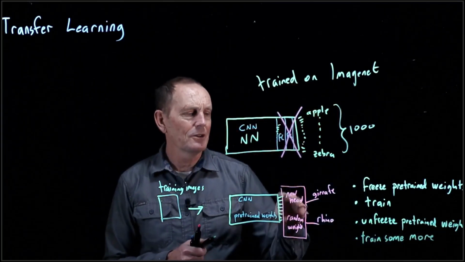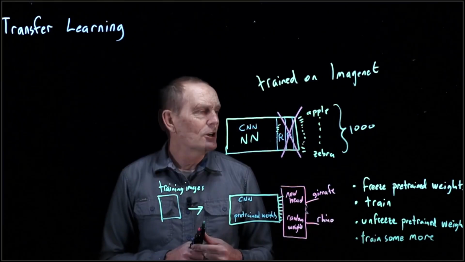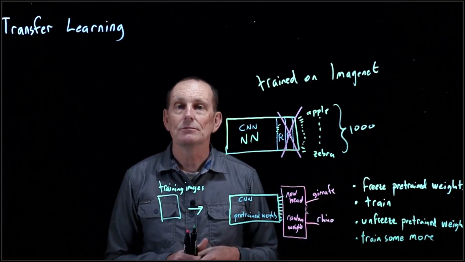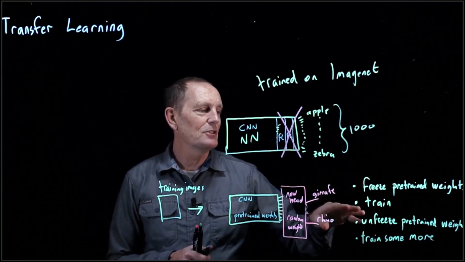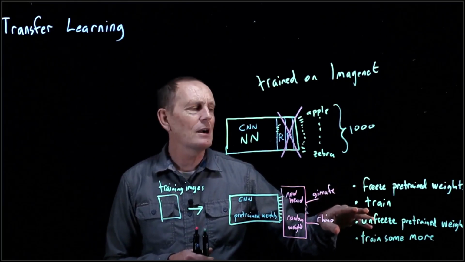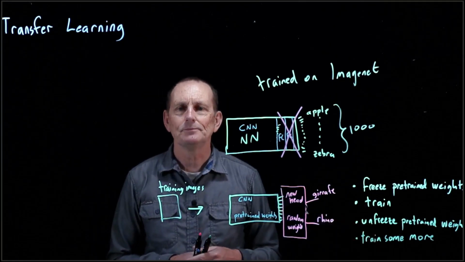We needed a higher learning rate because we've got all these random weights, and here we're just doing some kind of fine-tuning. So this is in fact what FastAI's fine-tune does. It goes ahead and freezes the pre-trained weights, does I think 1 or 2 epochs of training, then unfreezes the pre-trained weights and trains some more.